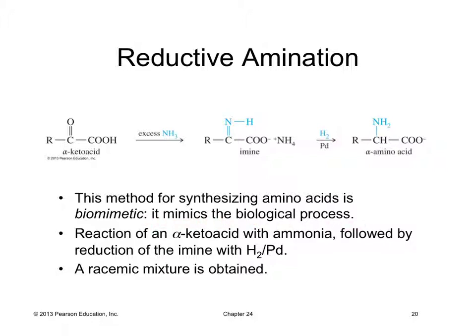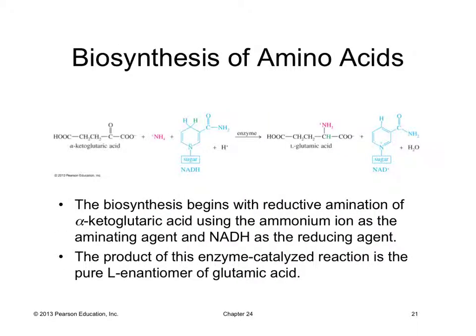It mimics the biological process. The actual biological process involves reductive amination of alpha-ketoglutaric acid in the presence of ammonium ion with NADH as a reducing agent, and an enzyme that will catalyze the formation of L-glutamic acid, generating NAD+, and it'll generate just the L enantiomer.